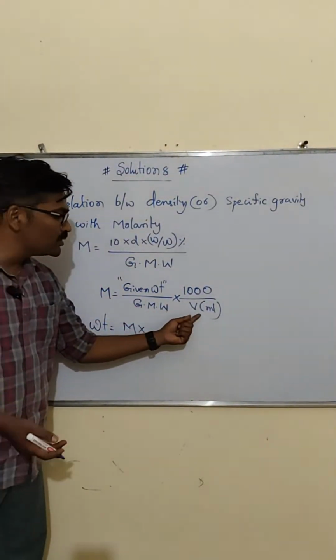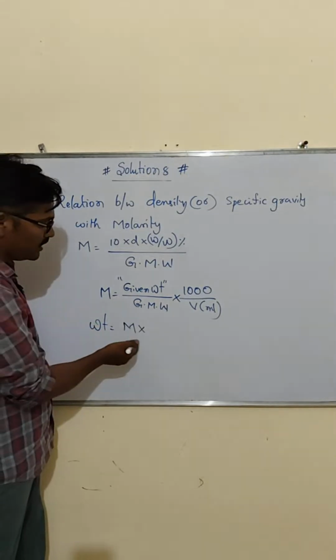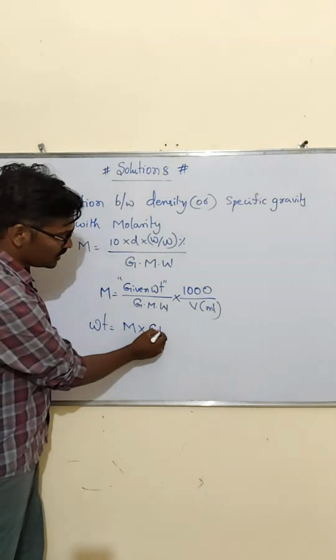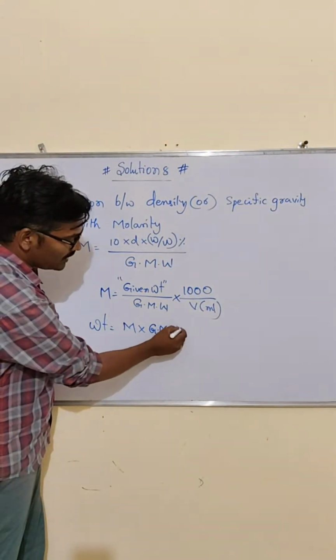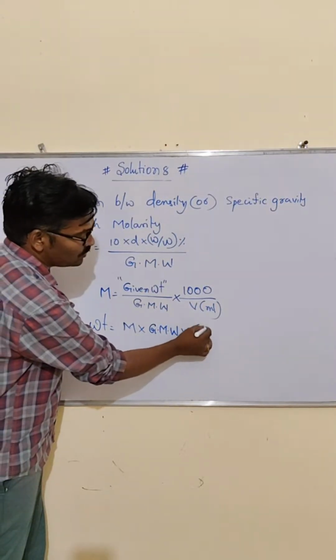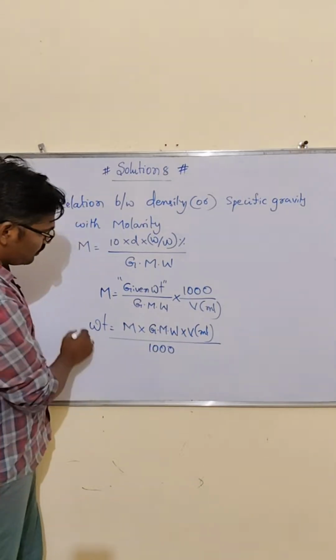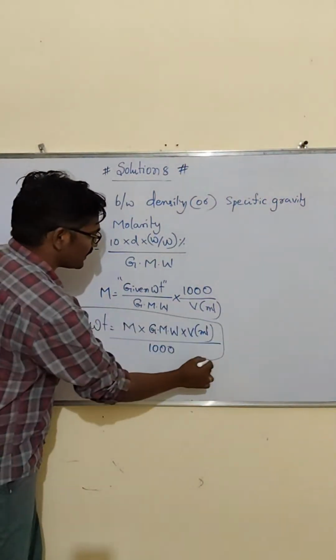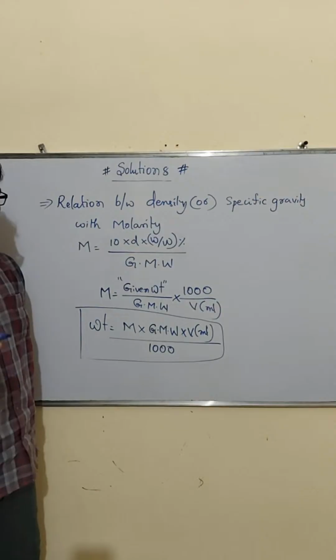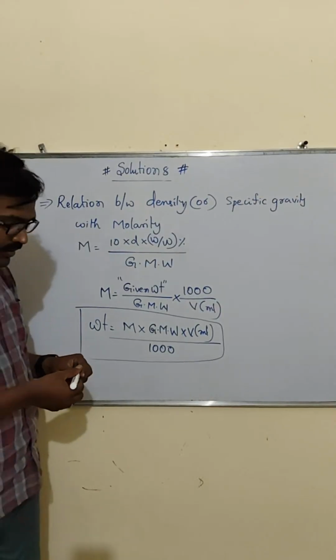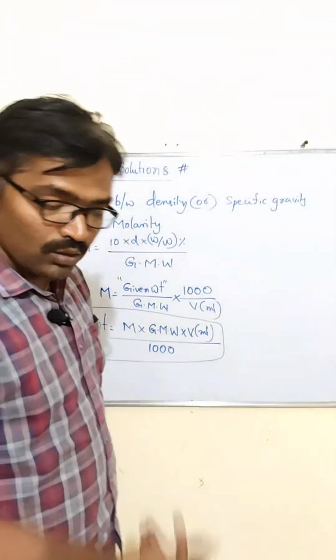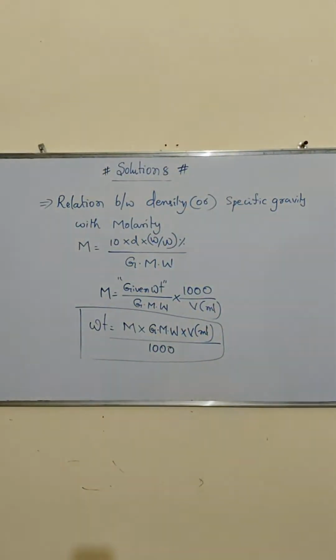Since these two terms were dividing, on this side they multiply: gram molecular weight into volume in milliliters divided by 1000. This formula you can use to calculate the weight of the solution. Based on this, there is one previous year question. Note the first formula, then we'll discuss the previous question.